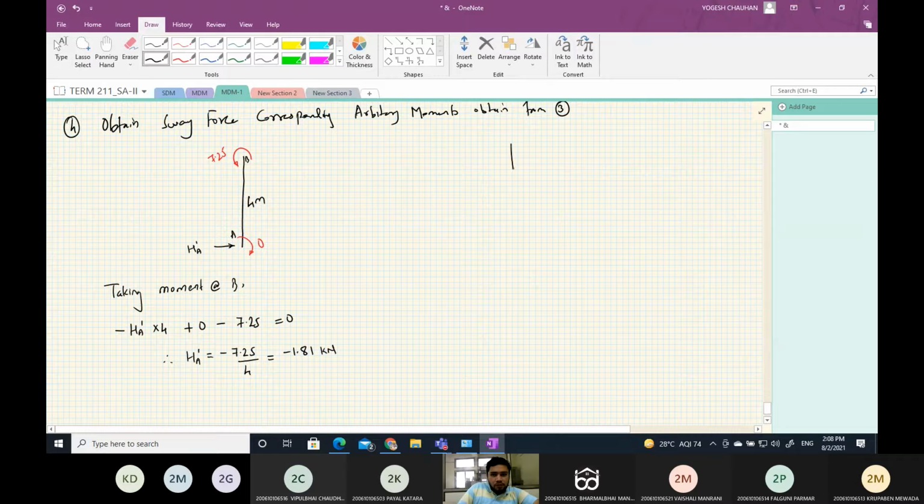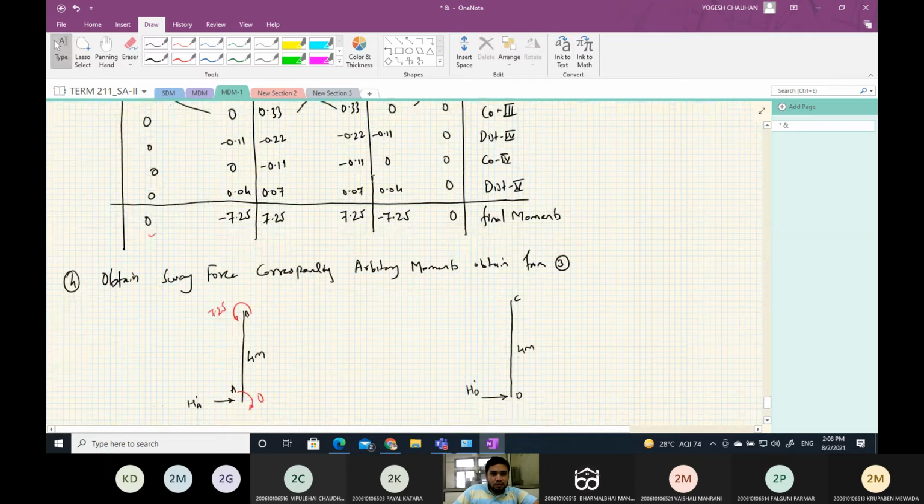Similarly, for member CD, let the shear here be HB dash. This is C, this is D, and this is also 4 meter. The moment at D is 0, and the moment at C is again anti-clockwise 7.25.